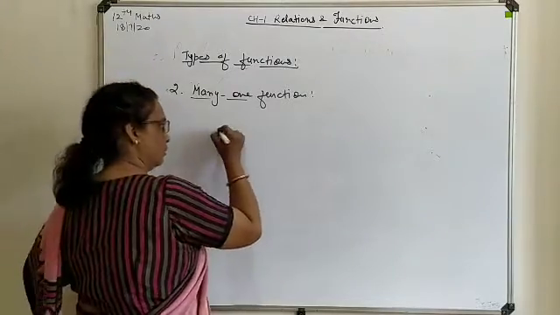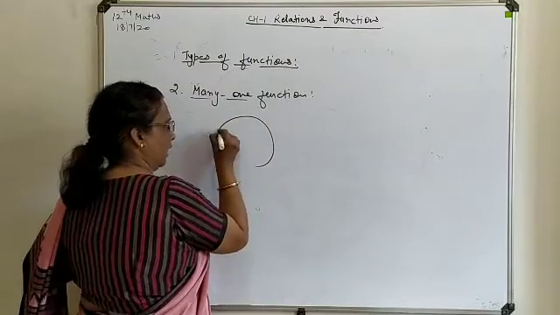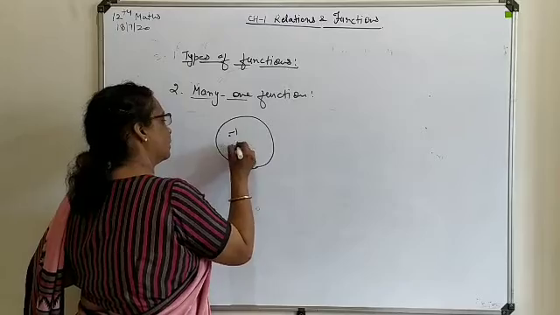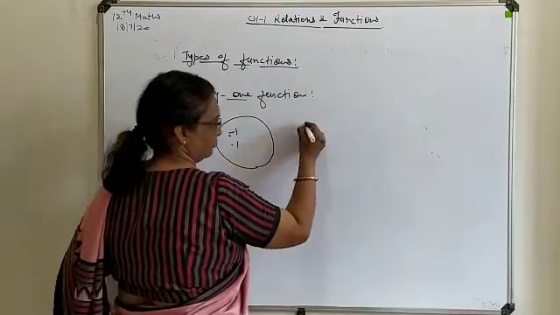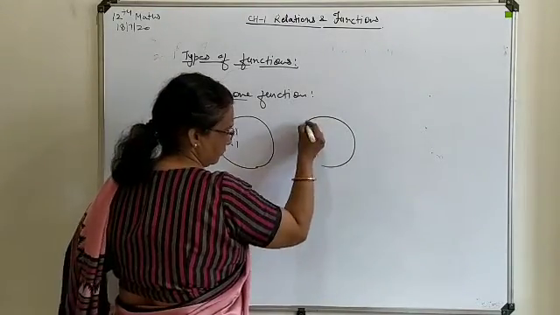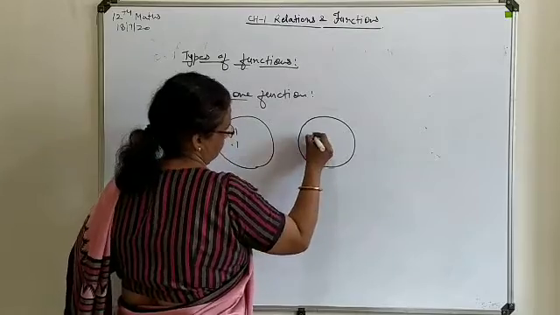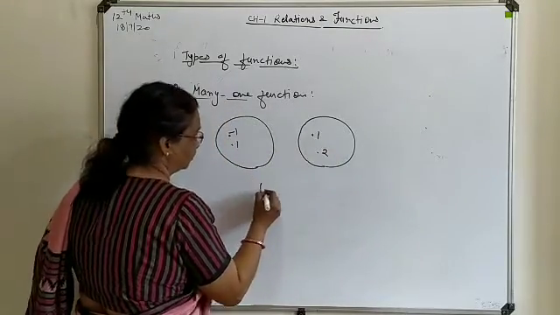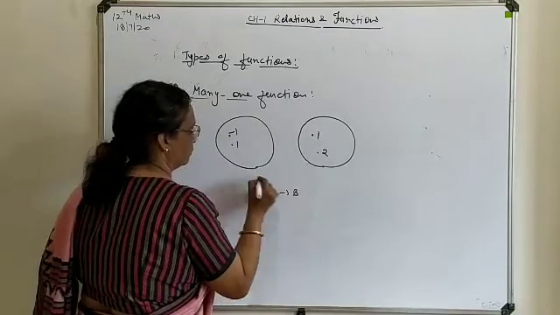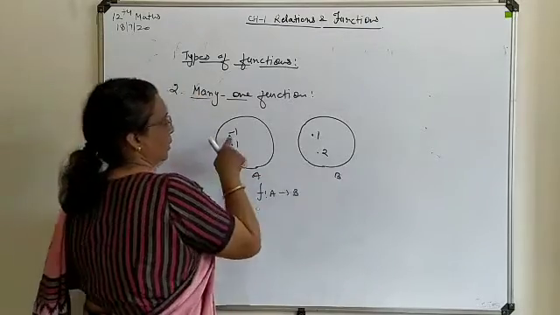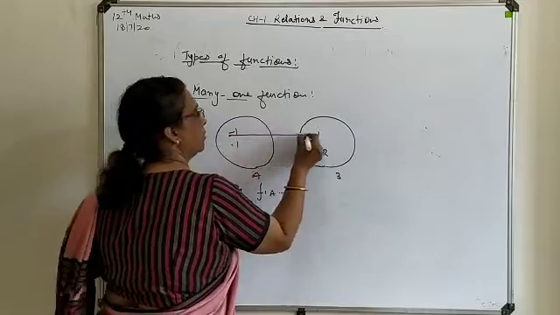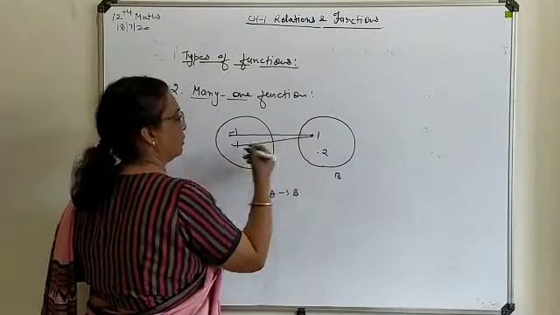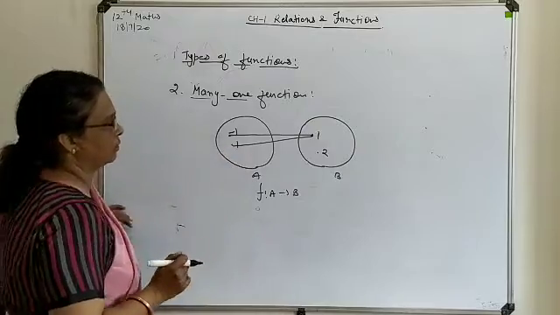So here, as your term is many, means here -1 gives you plus solution, +1 gives you plus solution. Here anything else you can write, or if you are not writing, that is also okay.